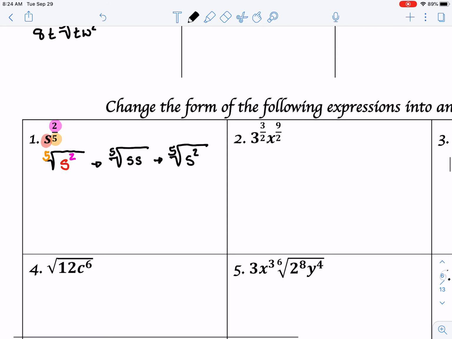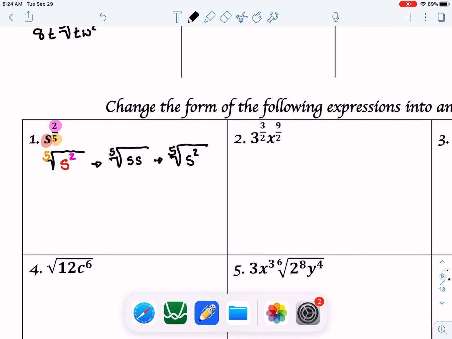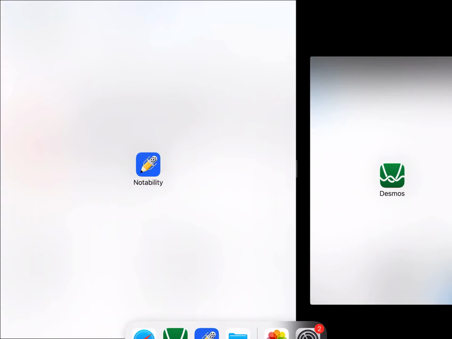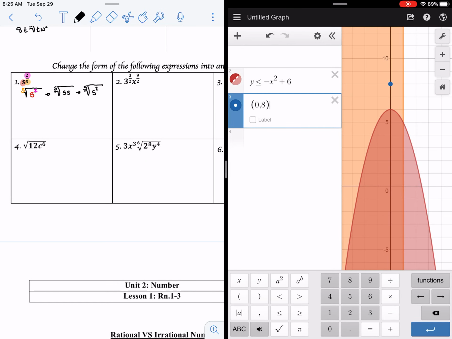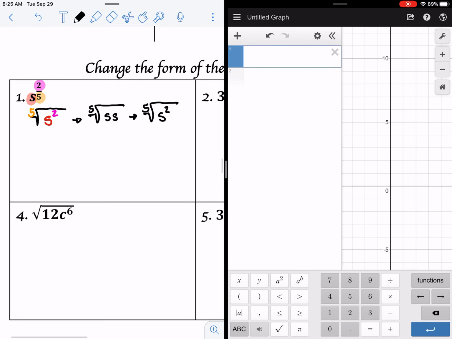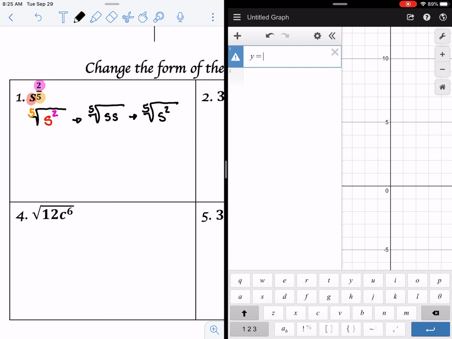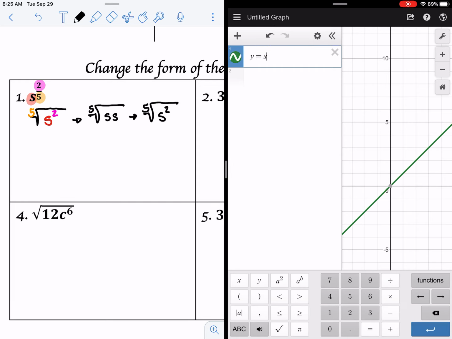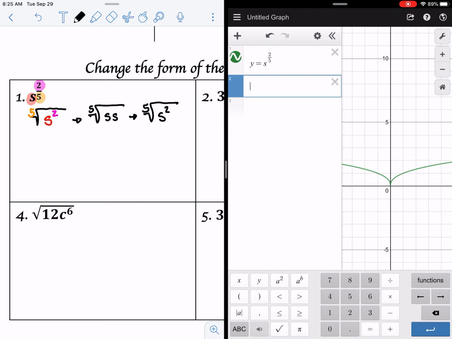Again, because we're changing forms, we can use Desmos to double check our work. I'm going to say y equals S raised to, I see division, 2 over 5, and I get a graph.